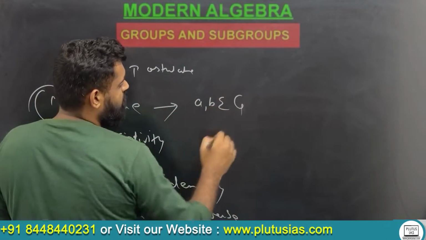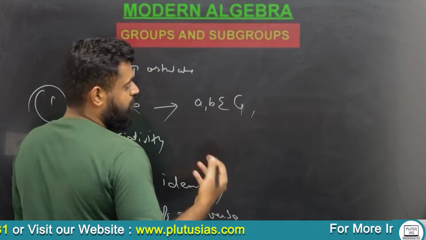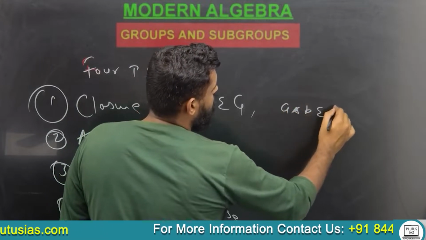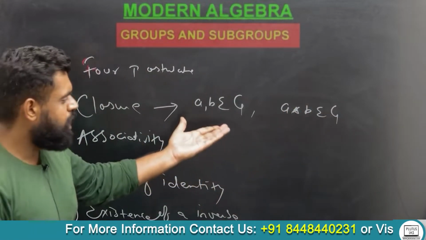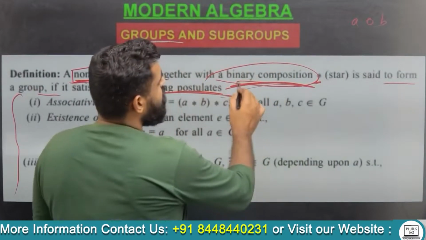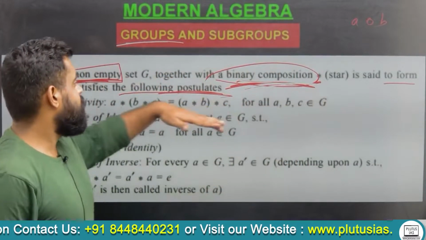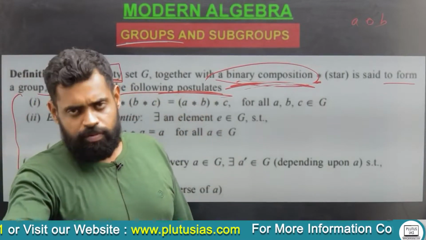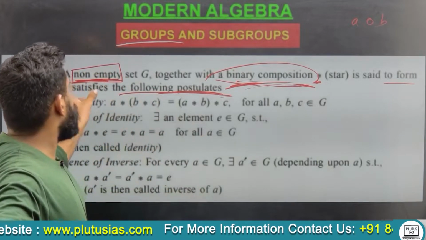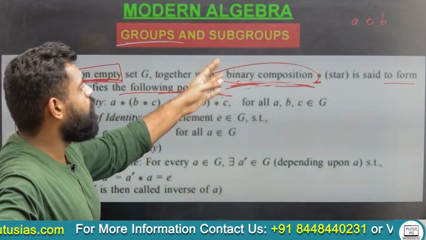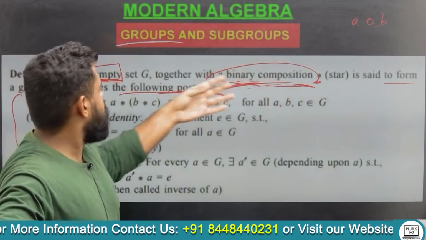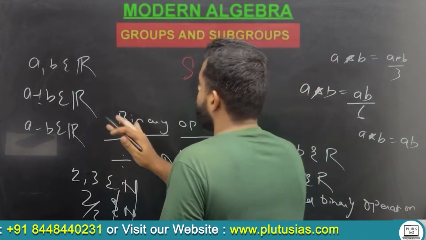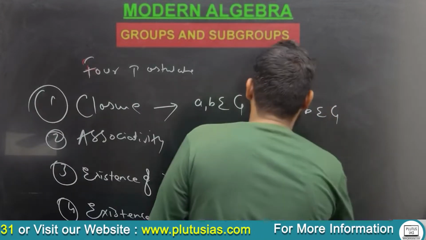The closure property is nothing but this: if A, B belong to G, where we are saying that G is a group, then A operation B also belongs to G. This is simple binary composition. In the definition itself it says it is a binary composition, so it hasn't been written separately as closure. But in many books the definition is: a non-empty set G together with an operation star is said to form a group if it satisfies the following postulates, and the first postulate is the closure property.